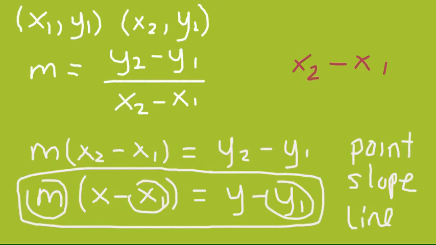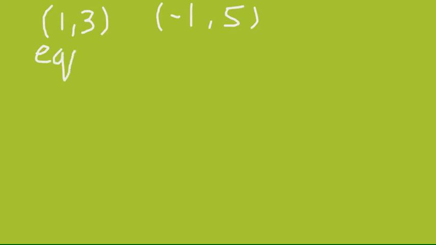So let's take an example. Let's say I have 2 points, the point 1, 3, and the point negative 1, 5, and I want to find the equation of the line that goes through these 2 points.